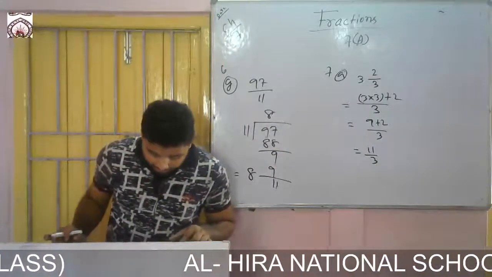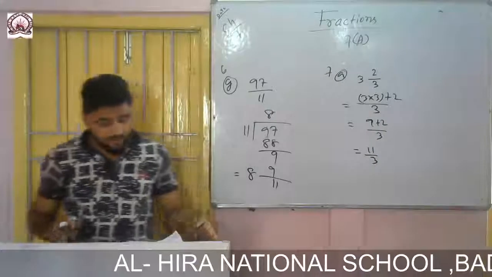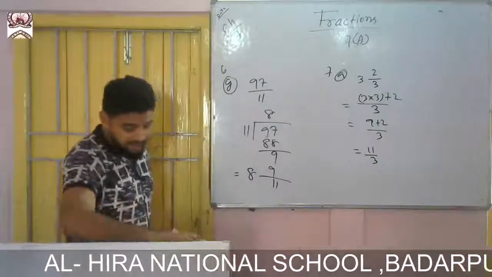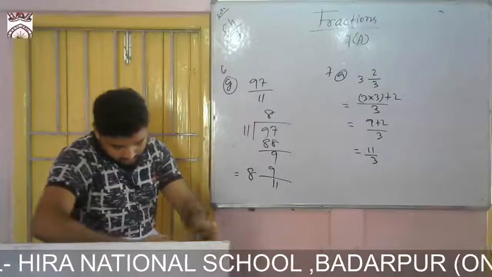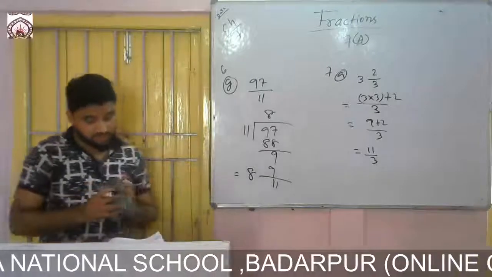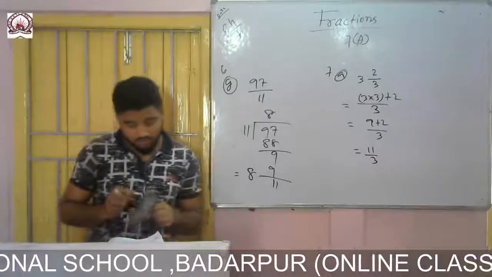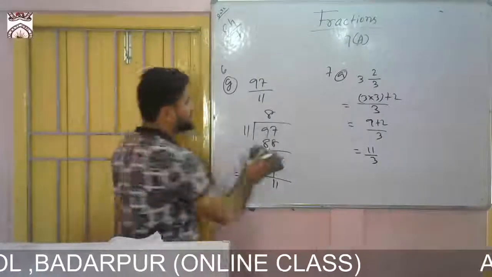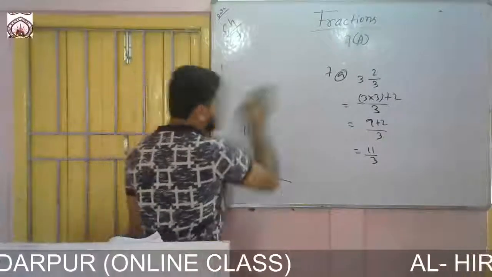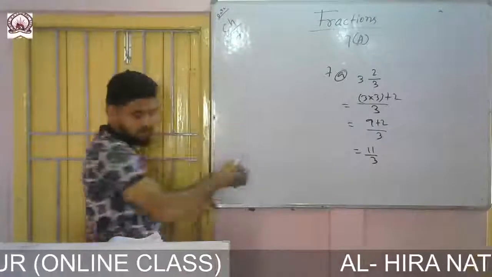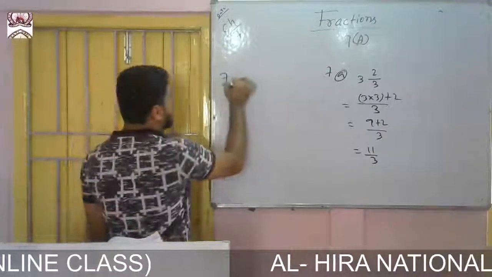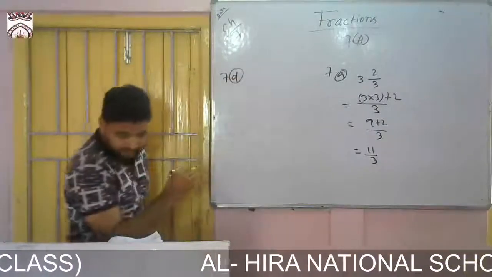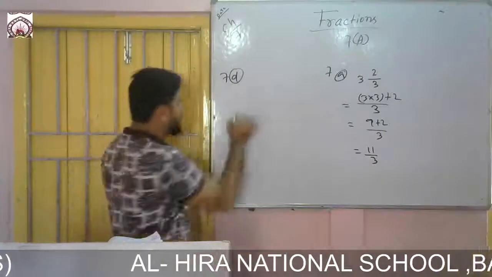Now you see question number D. What is given? 9 1 by 4.